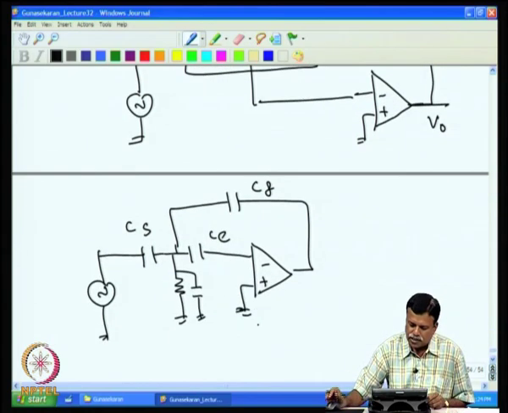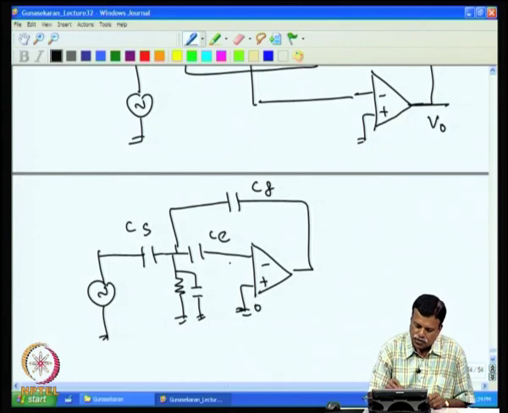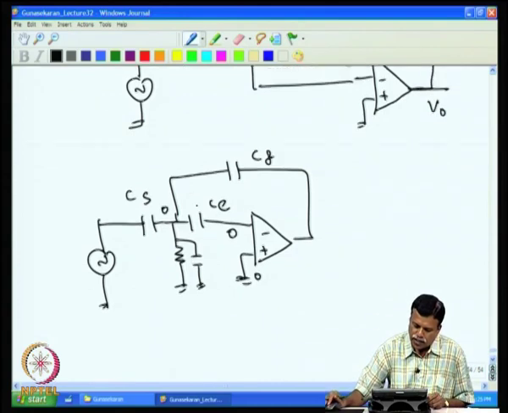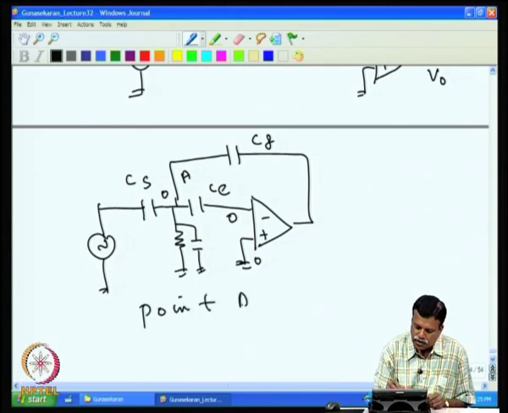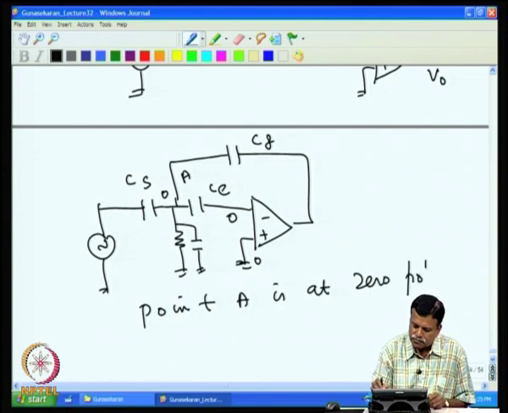Now, we know that this is ground potential, this is also 0. So, one can assume that this also is at 0 potential, because when this is 0, there is no current flowing here. So, this also has to be 0 only. This we call point A. So, point A is at 0 potential. That is the crux of the circuit here.